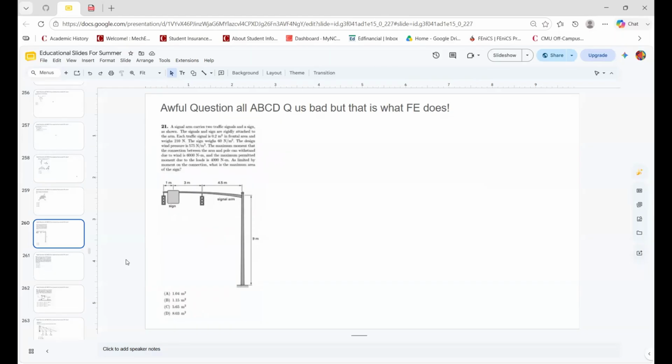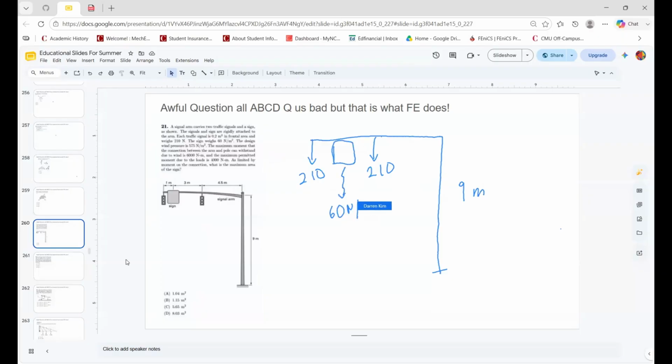So first of all, we know that the weight is over here like this. I don't know what this 9 meters is for. I don't think that's useful. The sign weight was actually 60. So this is actually interesting. Unlike the other one, you have to multiply by the area to figure that out.